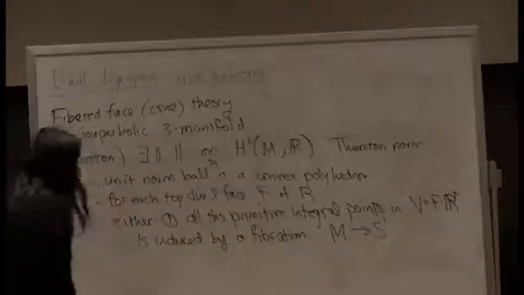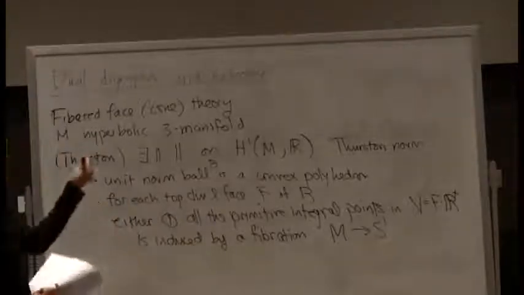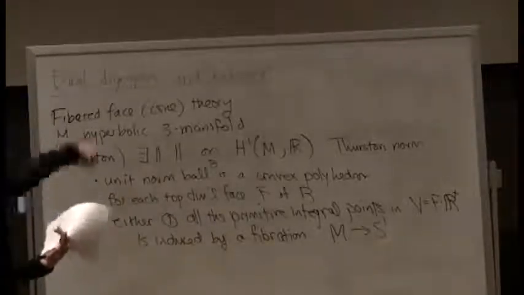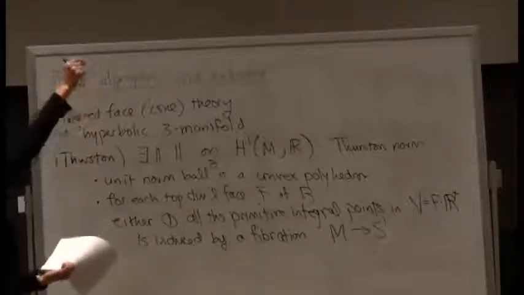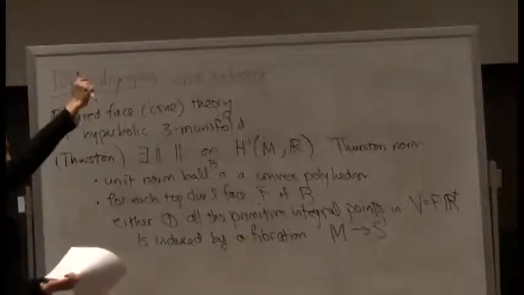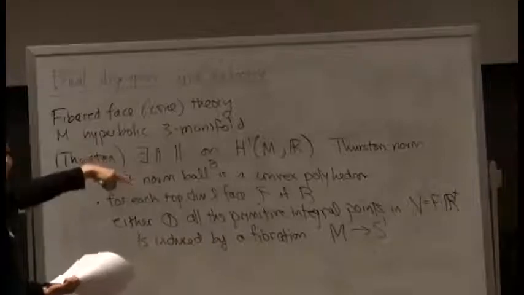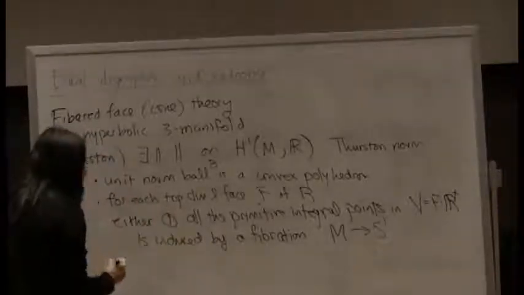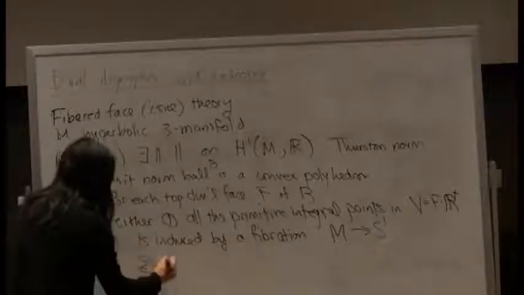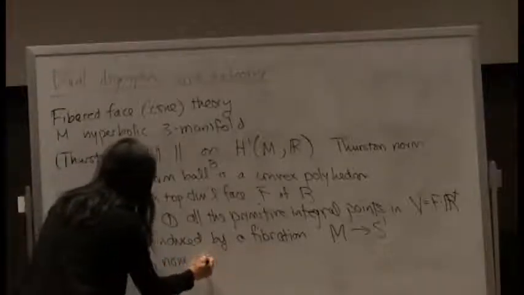So either all of the primitive integral points are fibered, or none of them are. Primitive just means that you have a rational ray through the face, and it's the smallest integer point on that ray.